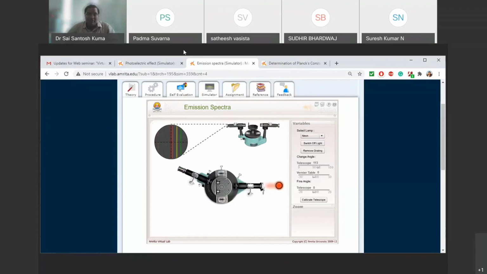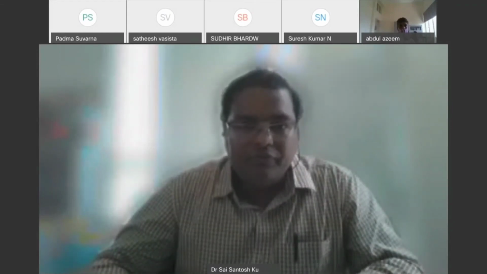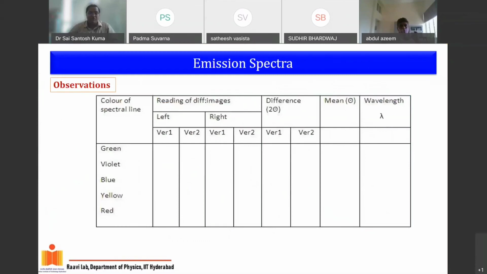Okay, so I stop this here and I show you what I got for the case of mercury. I did it for blue. I got vernier 1 to be 341.17, 160.33, vernier 2 to be 199.33 and 19.33.